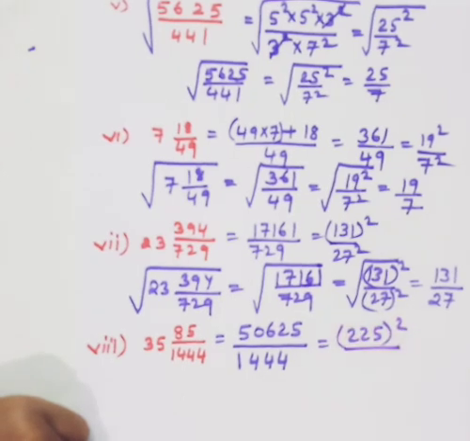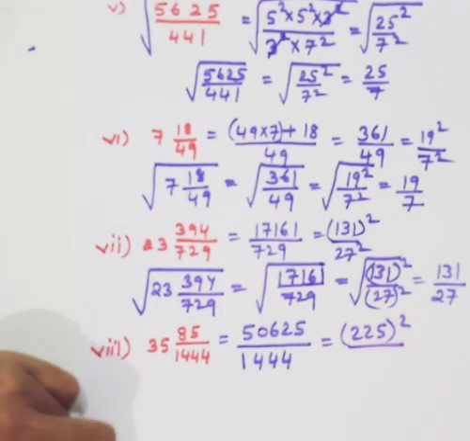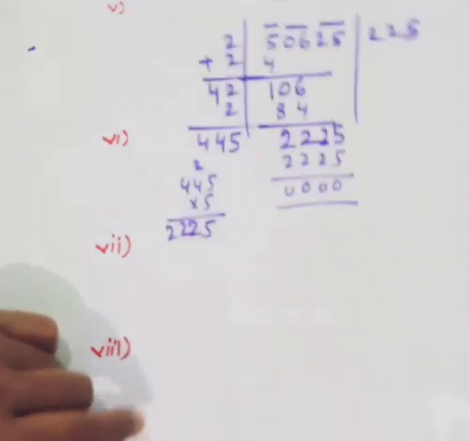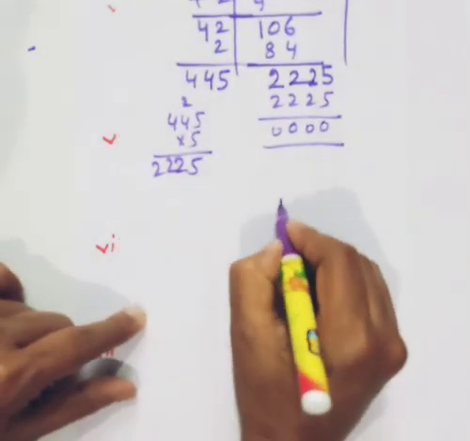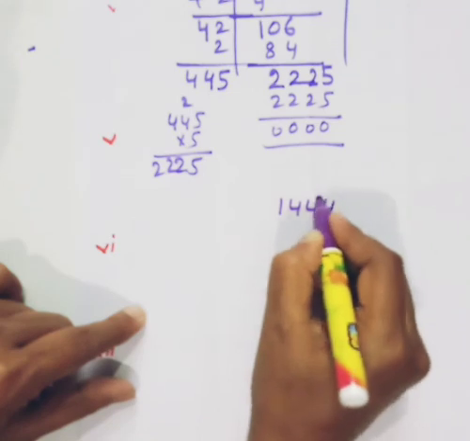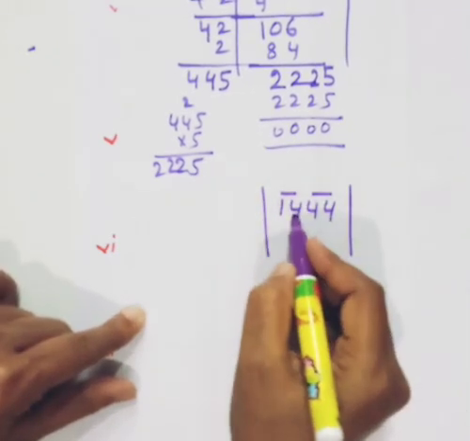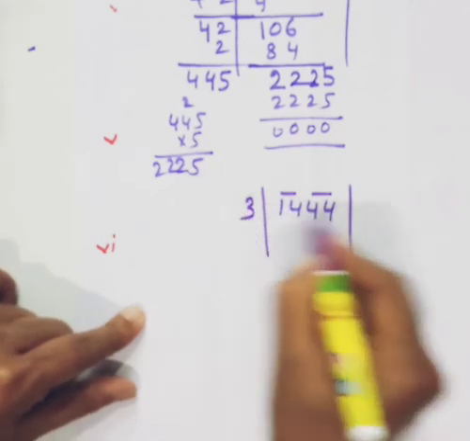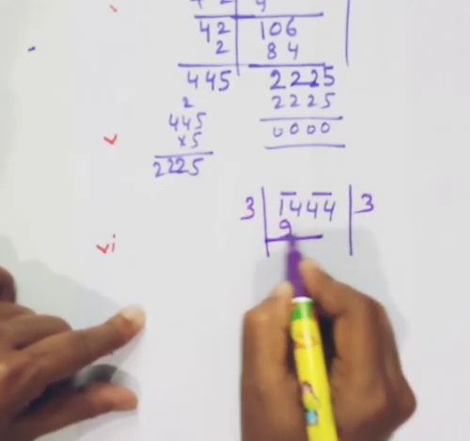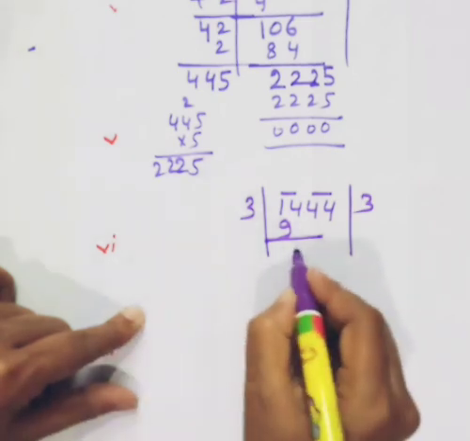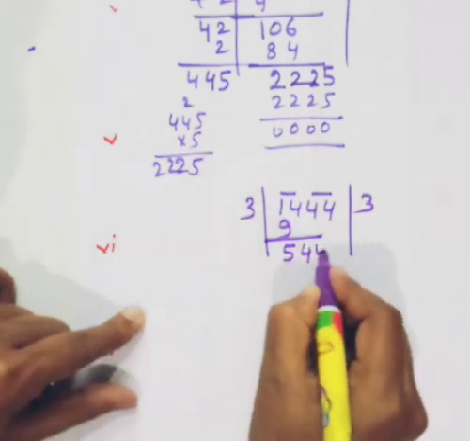But let us see how much is 1444. This also I am going through the long division process. 4 4s are 16, will not go. 3 3s are 9. 14 minus 9 is 5. Bring down 44.